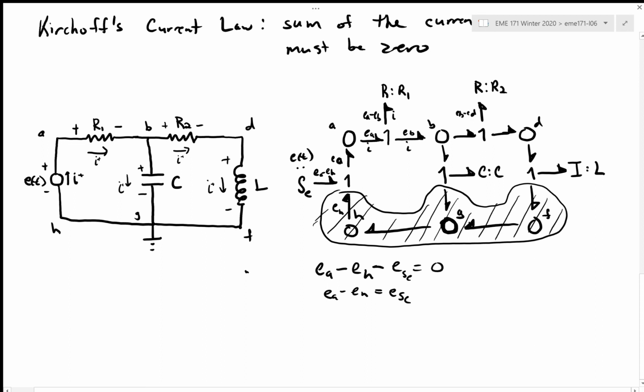So H, G, and F, they're the same voltage, they're the same reference. I am eliminating them as the ground. Right? This ground voltage or reference voltage that I would measure the other voltages with respect to. Okay, so I eliminate that.